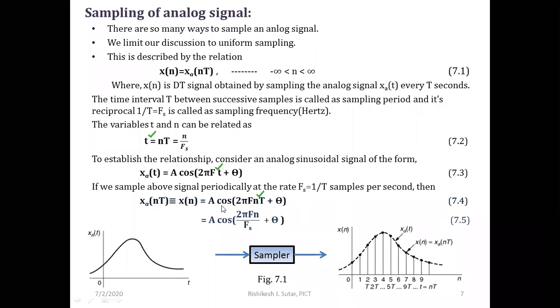The same expression I can rewrite as A cosine of 2 pi capital F small n upon Fs plus theta, because T equals 1 upon Fs. So the sampled signal I can express finally as A cosine of 2 pi capital F n upon capital Fs plus theta.